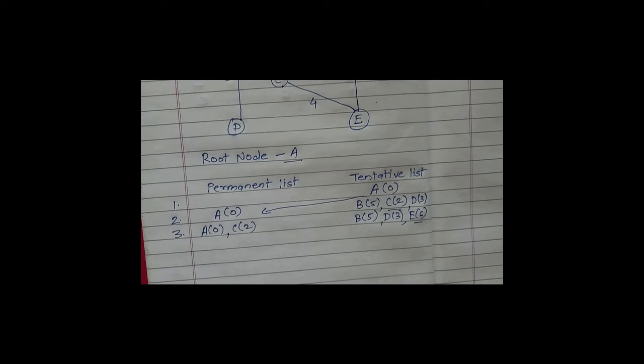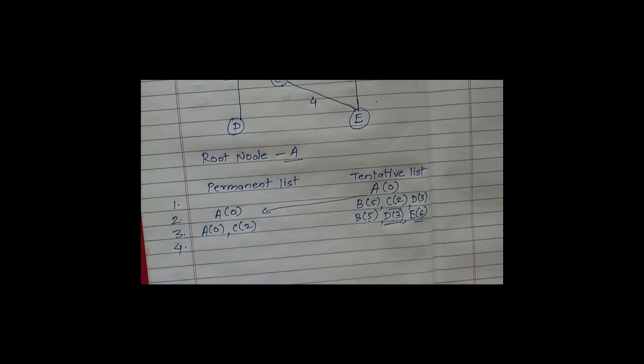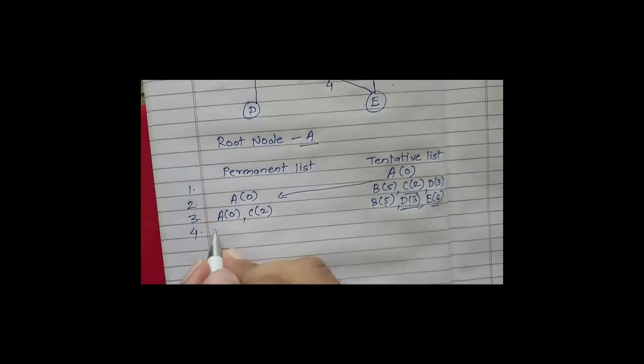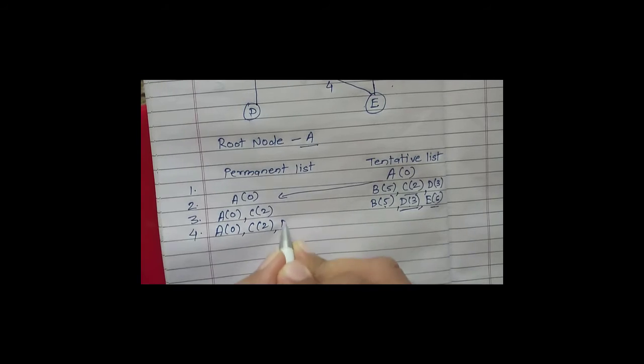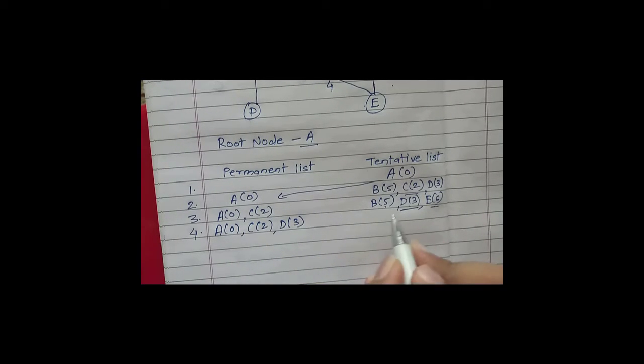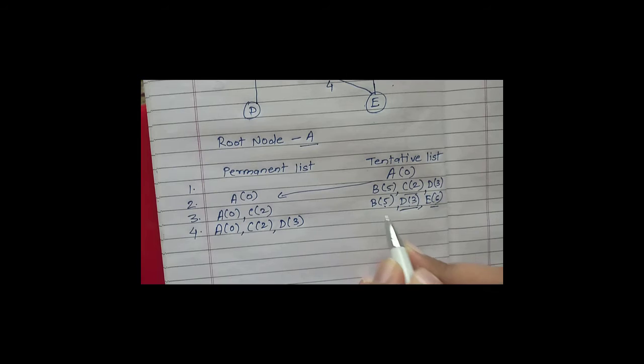In the next step, among these three nodes B, D and E, I now have to consider D because D has a lower cost as compared to 5 and 6. So I will move D to the permanent list, and what remains in the tentative list is B5 and E6.